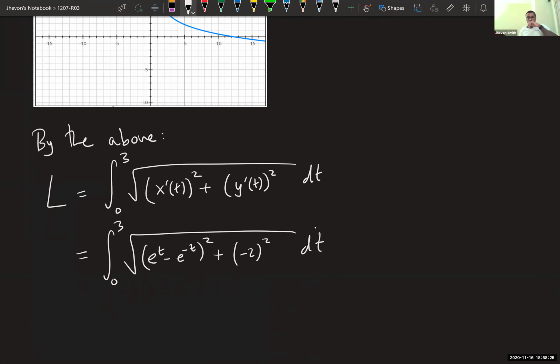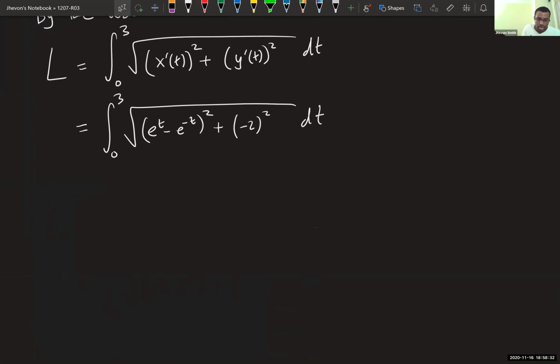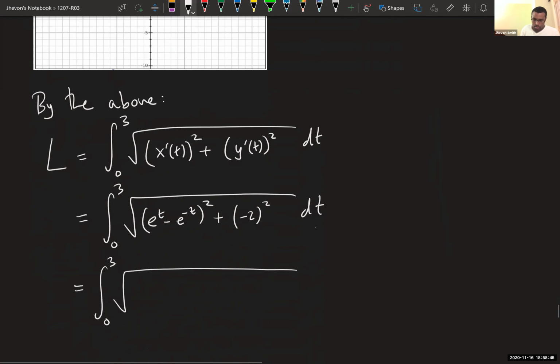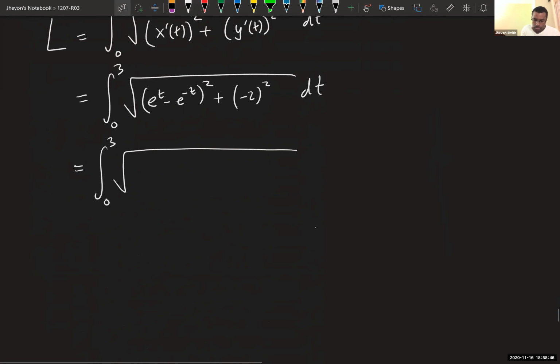So that's it. Now I'm just going to compute this integral, which at this point, computing integrals shouldn't be too bad. Notice here, that's 4.